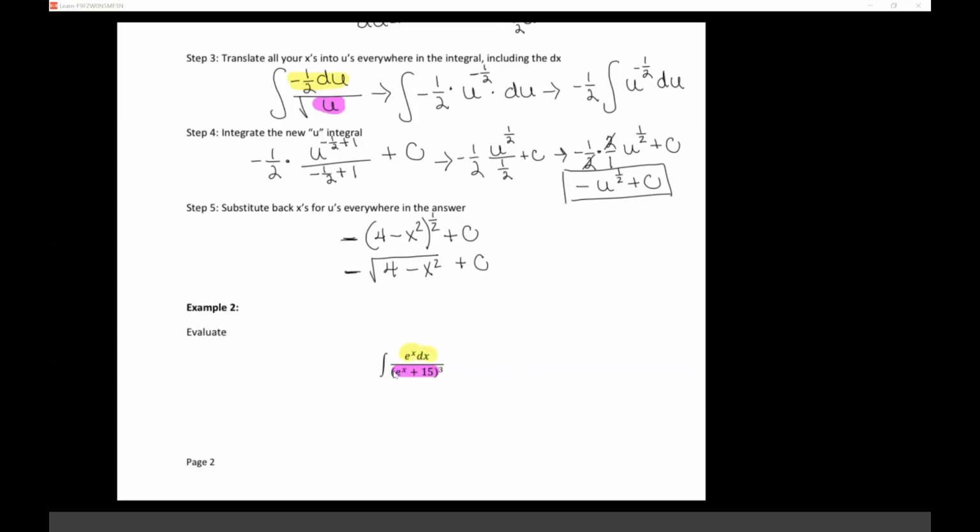If I let this quantity down here be u, I've already got its derivative up here. That's what you have to see to make sure that you can use substitution. This won't be the only method we're using for integration, so it's important to realize that this is what unwound from a chain rule.